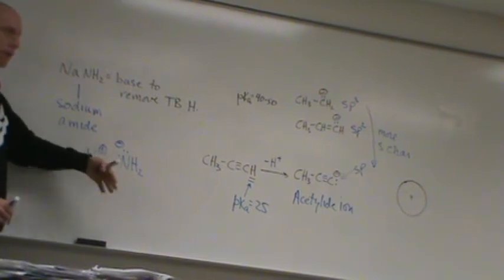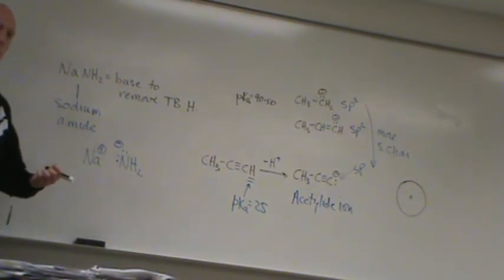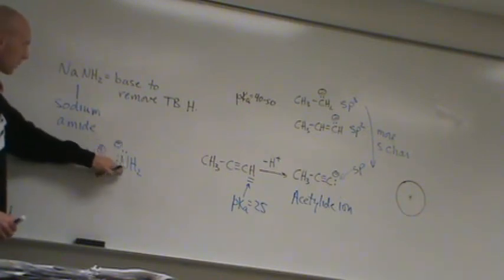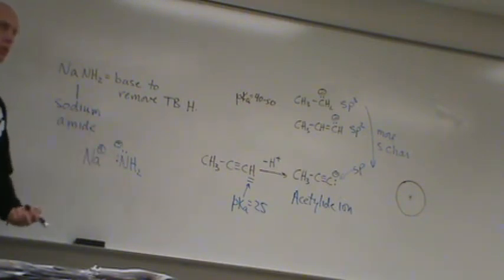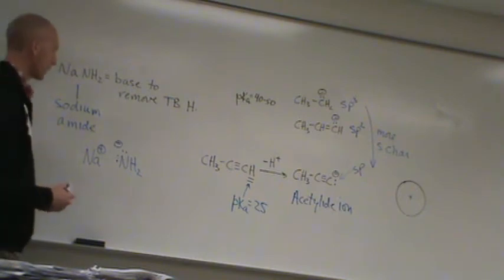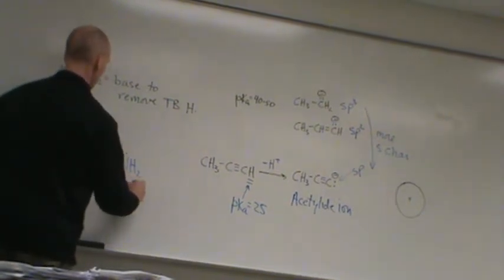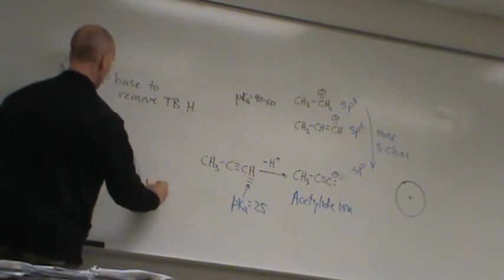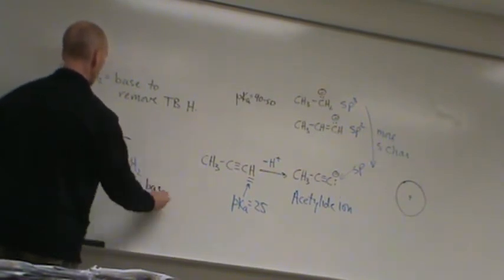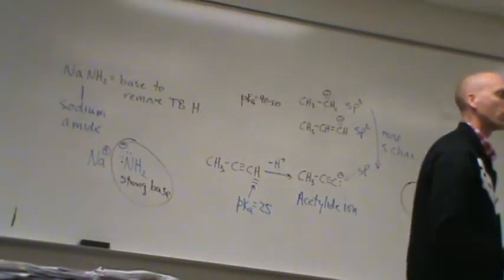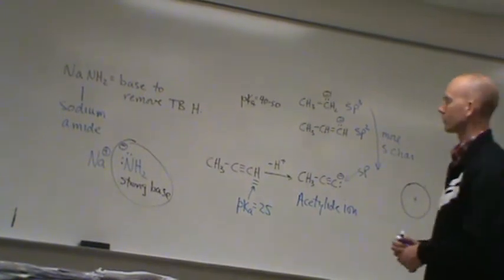And when I have a lone pair on nitrogen, that's pretty basic. When I have the negative charge added to it, it makes it even a stronger base. Okay? So this thing here is a pretty strong base. And that's what we're going to use to remove that triple bond hydrogen.